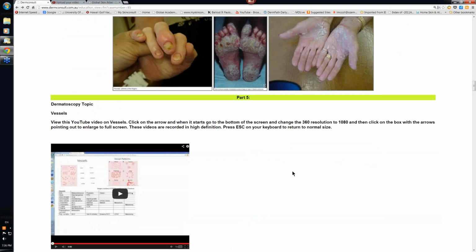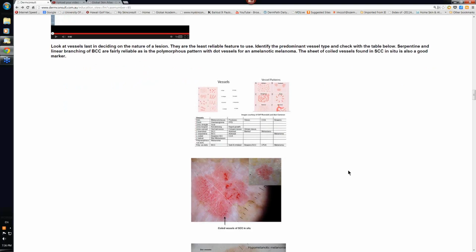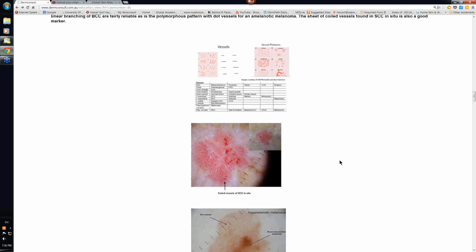The dermatoscopy topic in this module looks again at vessels, and there are patterns of vessels here courtesy of Alan Cameron and Cliff Rosendahl, who illustrated this pattern of vessels. There's a slide here that looks at the types of vessels that you'll see in various lesions.